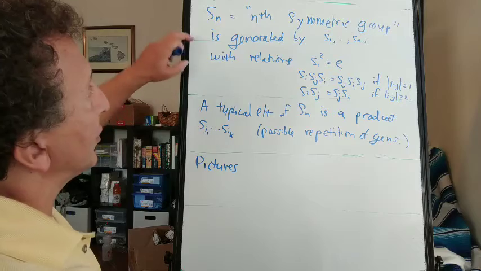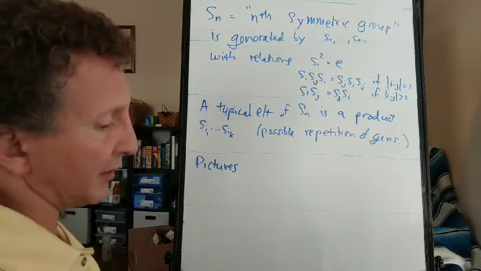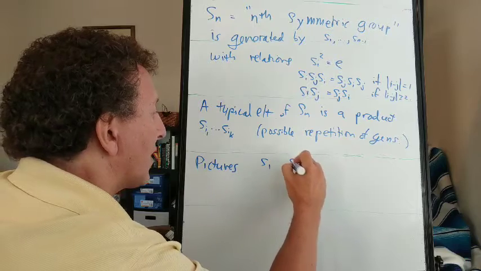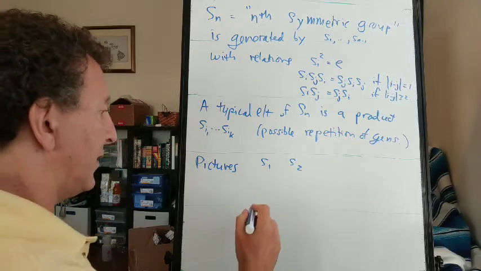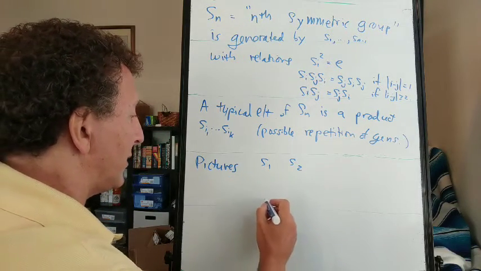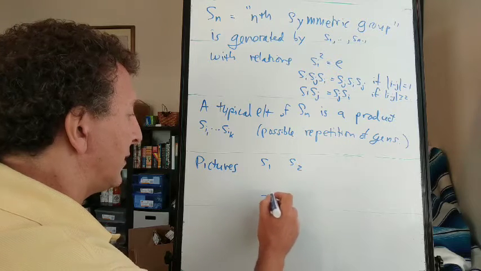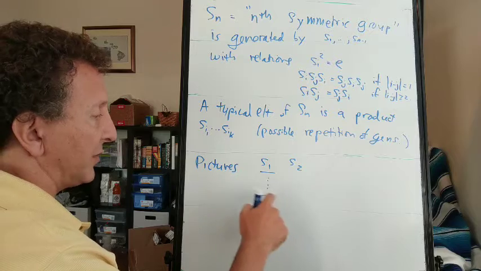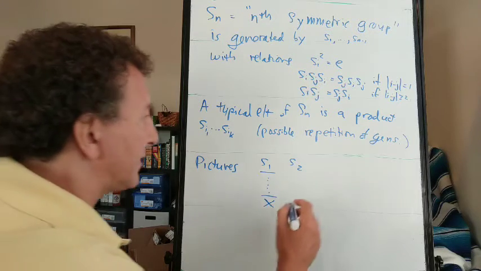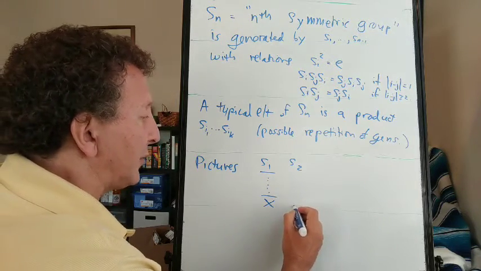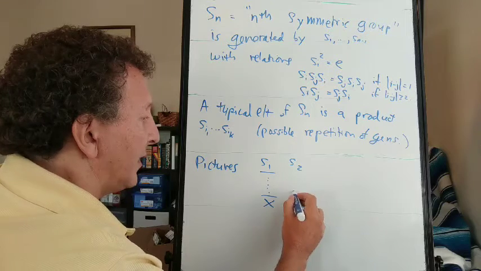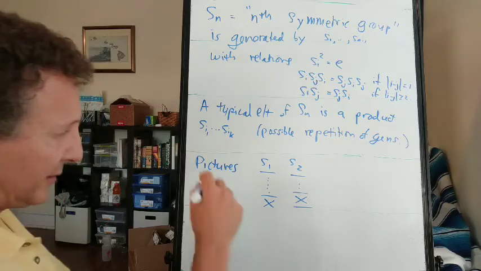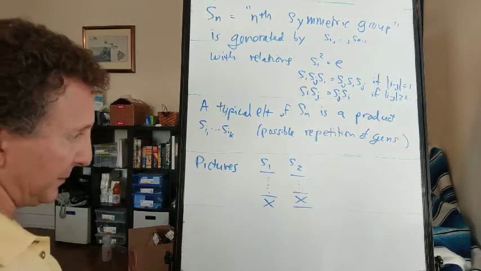Then we have pictures that correspond to the generators. So the picture corresponding to S1 is going to have an X and a horizontal line and a bunch more horizontal lines. The picture corresponding to S2 has the same number of horizontal lines and one X, but the X is raised a little bit.